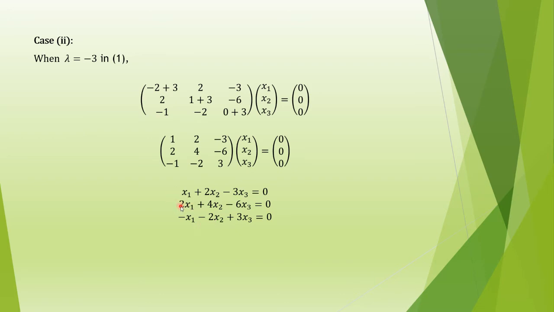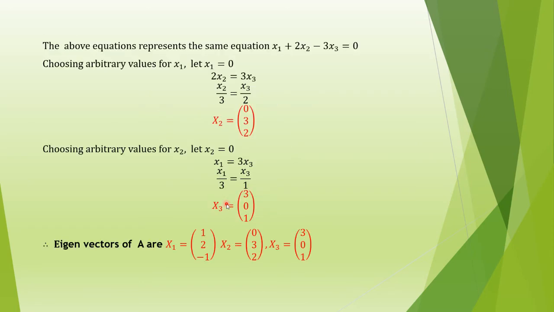If you take 2 common in this one, you get x1 plus 2x2 minus 3x3. If you take minus 1 in the third equation, similarly you get the first equation. So all three equations are similar and represent the same equation, so we take any one equation from them.